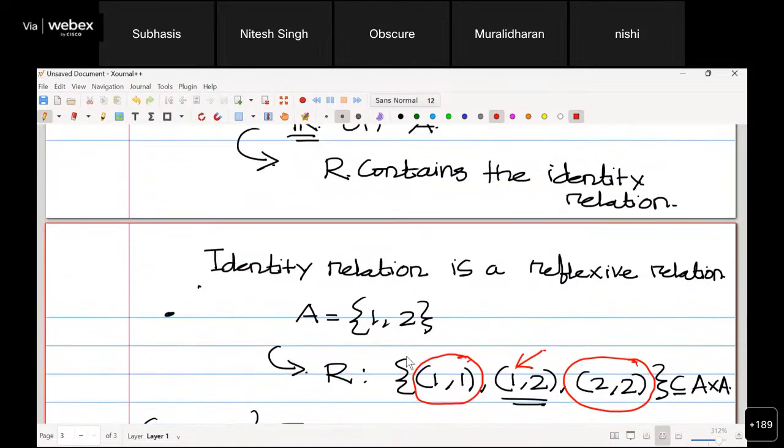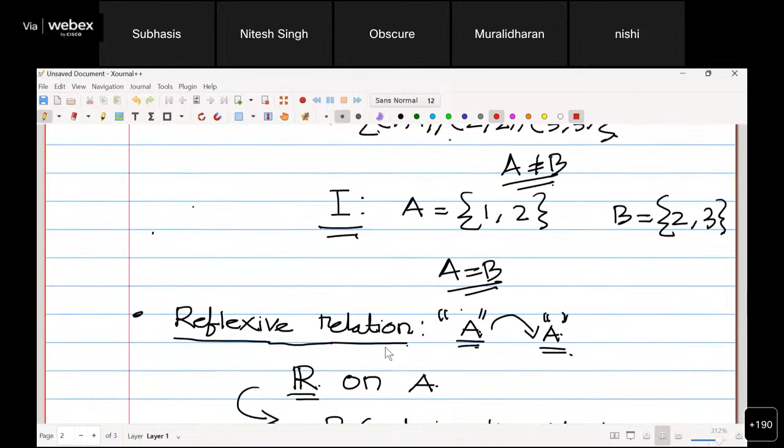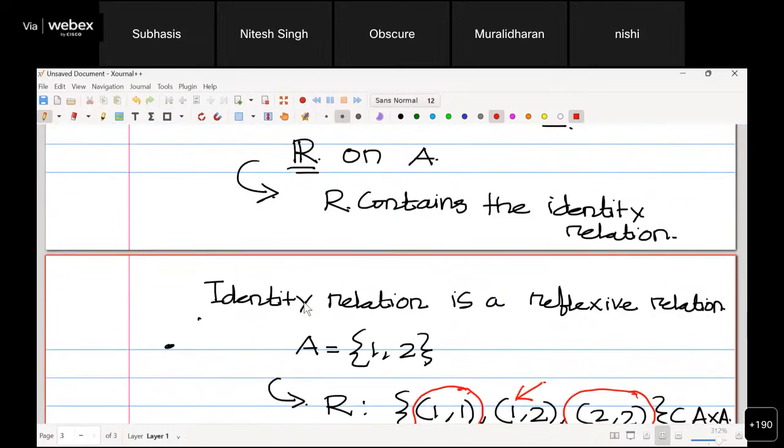So what is the difference between reflexive and identity relation? An identity relation should contain all the diagonal elements, and it can't contain anything extra. But a reflexive relation should contain all the diagonal elements, and it can also contain some other elements as well.